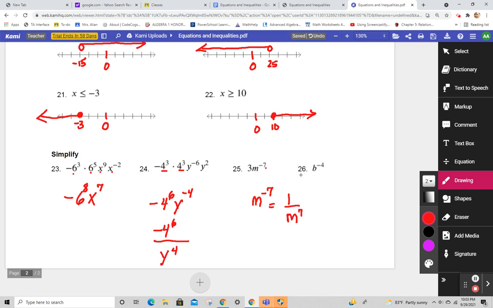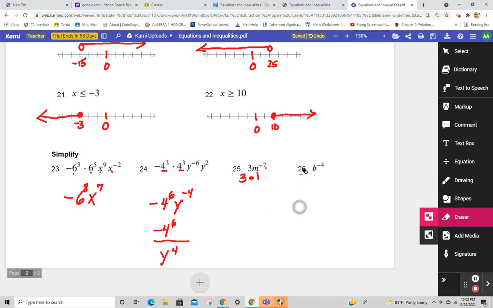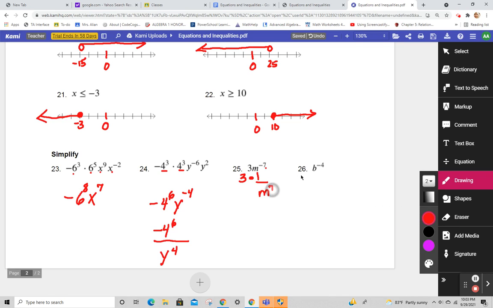So if we did that here, 3 times 1 over m to the 7th, you'll end up with these two fractions. 3 times 1 is 3, and 1 times m to the 7th is m to the 7th. But if you just remember, all negative powers switch sides. All you have to do is leave the 3 in the numerator and drop m to the negative 7th to the denominator and change its sign.